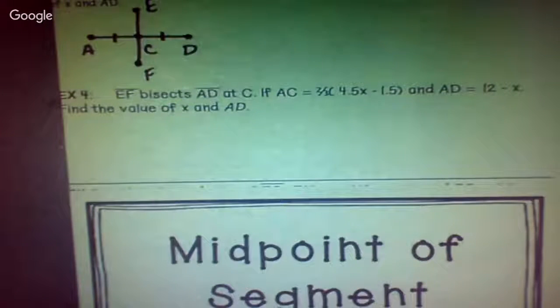Okay, and then fill in what they tell you. They say this section right here, A to C, is 5x minus 8. And then they tell you this section right here, C to D, is 16 minus 3x.